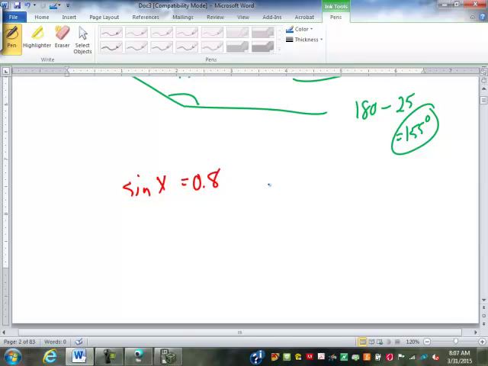If I tell you that x is acute, or sometimes I might say x is less than 90, what does x have to be? So we're just going to do the inverse sine of 0.8, which is 53 degrees, 53 point what? 13 degrees. There it is.